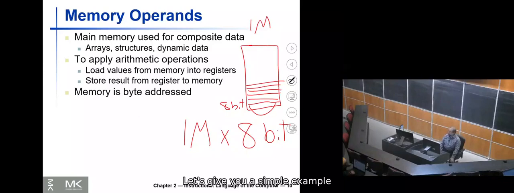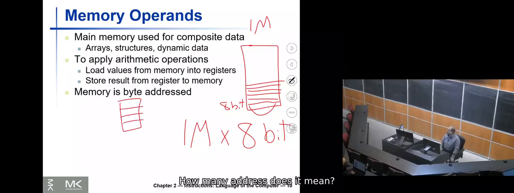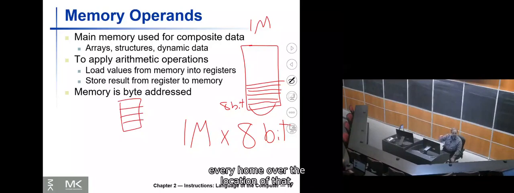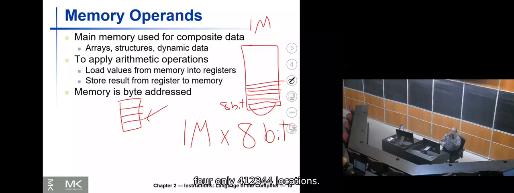Let's give you a simple example and then go to the higher. Let's assume that we have a memory of 4 cells. How many addresses does it need? You want an address to make every location of that. 4 locations.